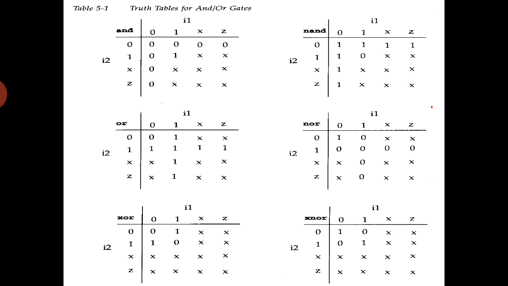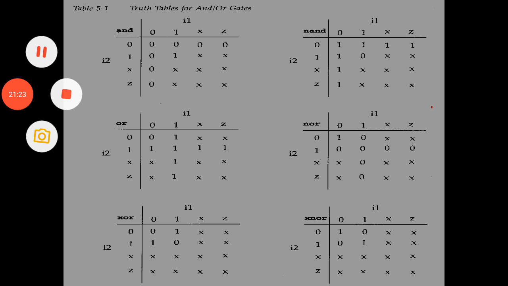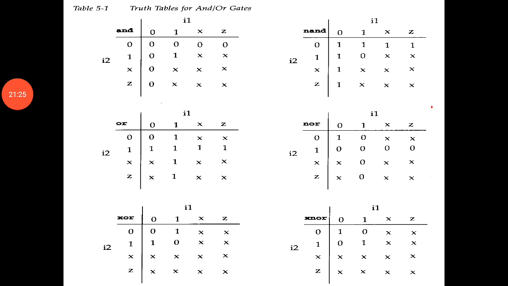Even for 1 into z, z is high impedance, so we don't know the value, so we call it x. You can observe in this truth table that none of the outputs is z; the outputs are only 0, 1 or x.